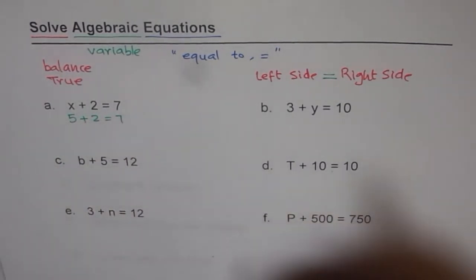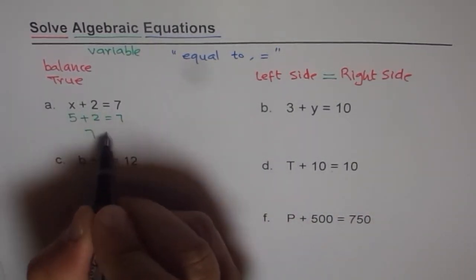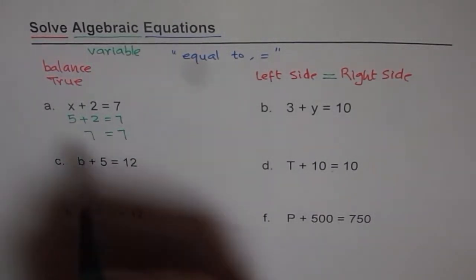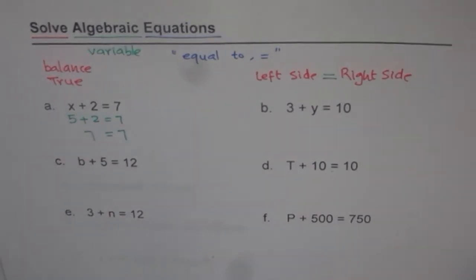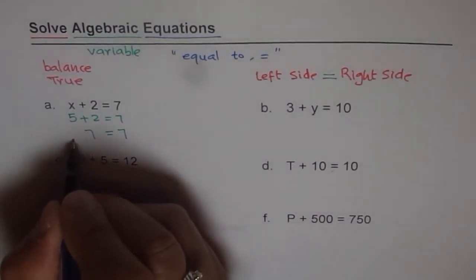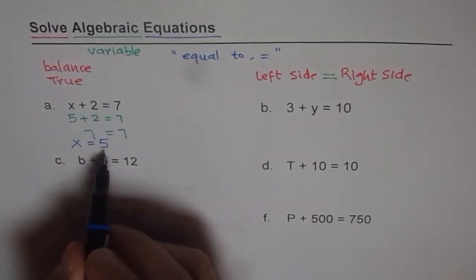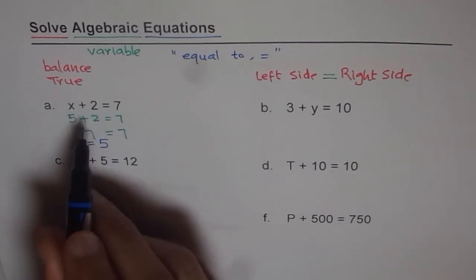So the left side is 7 and the right side is also 7. So we have solved the equation, and the solution is x equals 5.